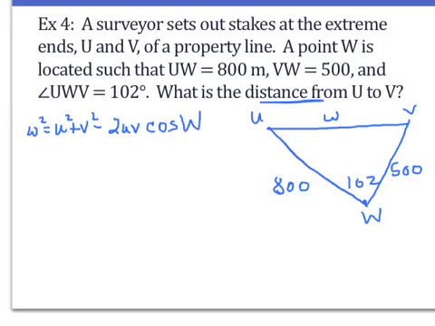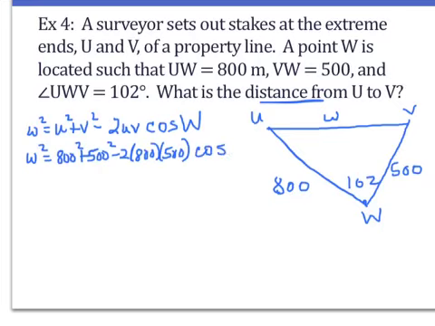And we're going to be using angle W. So let's make some substitutions. So we've got W squared, and then we'll have 800 squared plus 500 squared, minus 2 times 800 times 500 times cosine of 102.